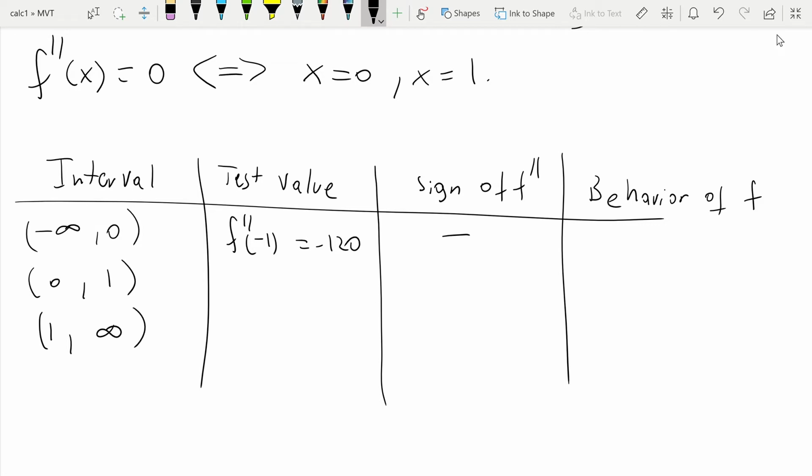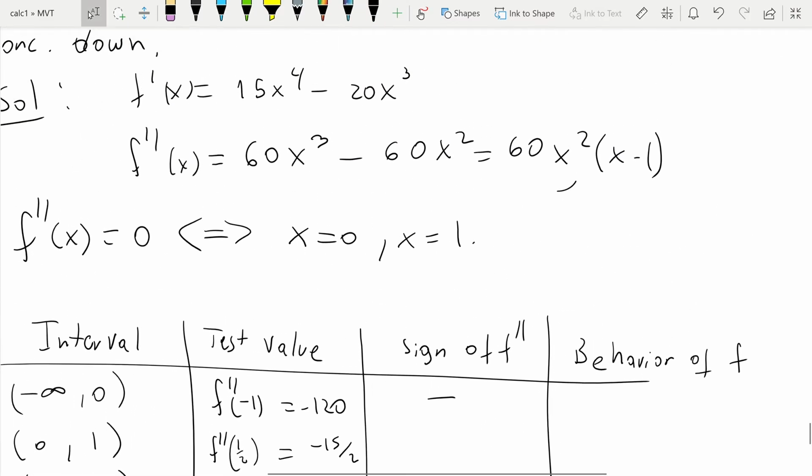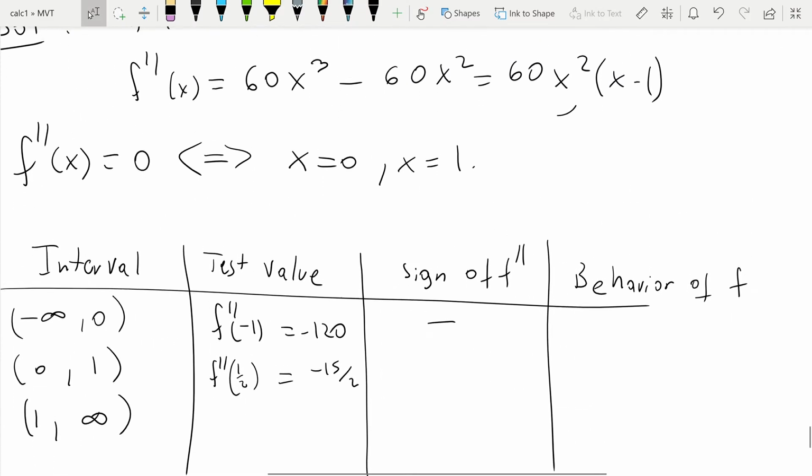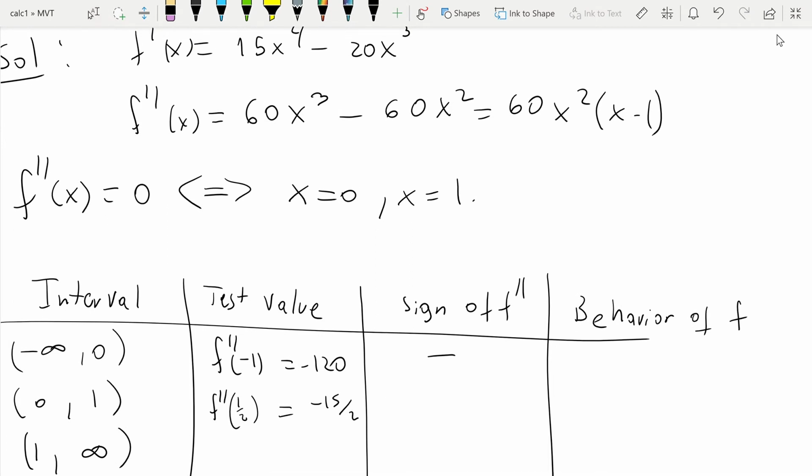Between 0 and 1, we can pick 1/2. If you do the arithmetic, that's going to give you minus 15/2. We get minus 1/2 from this factor here, and you get 1/4 here, so minus 1/8.